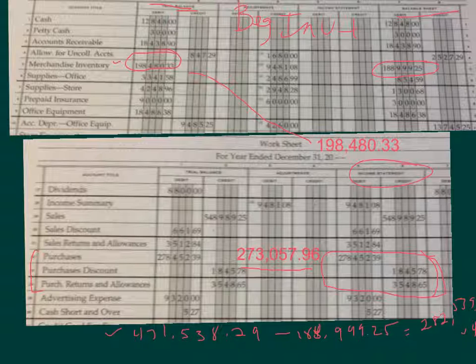Remember our formula: beginning inventory plus purchases minus our ending inventory equals our cost of goods sold, or cost of sales. And the answer is $282,539.04.